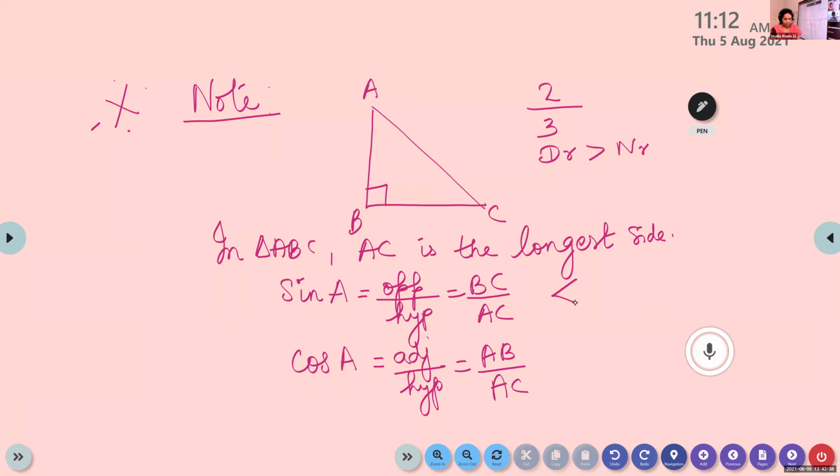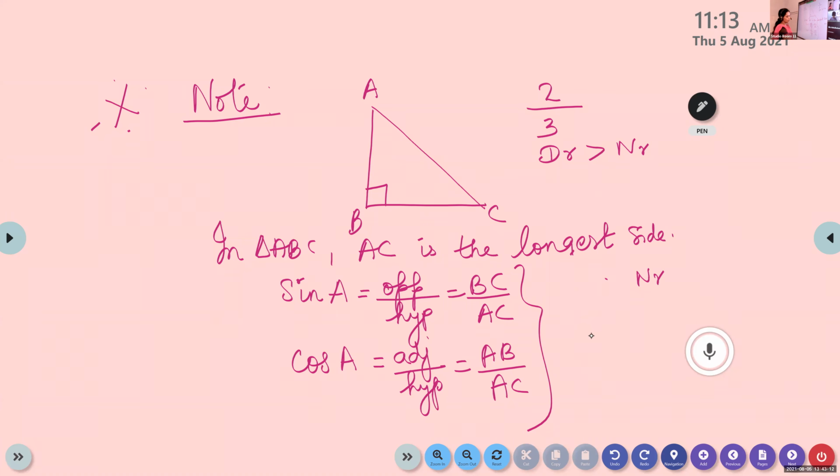So keep it in your mind, sin A and cos A will never become greater than 1. For sin and cos, the denominator is always greater than or equal to the numerator. So in both cases, the value will be less than or equal to 1.